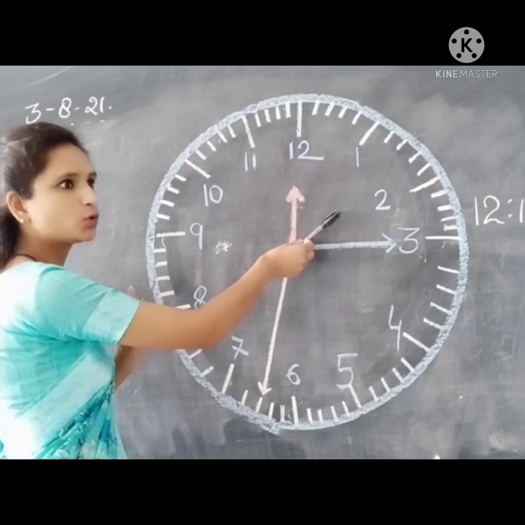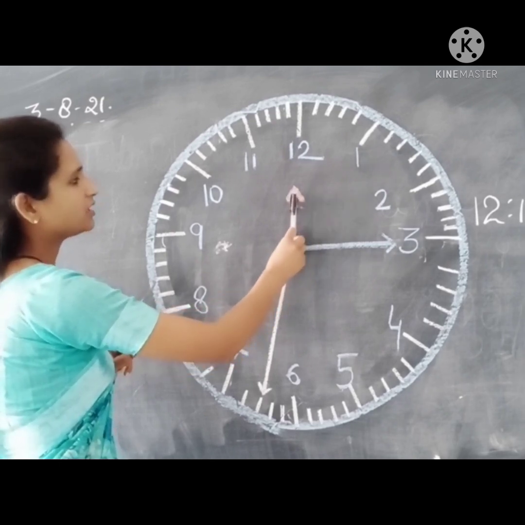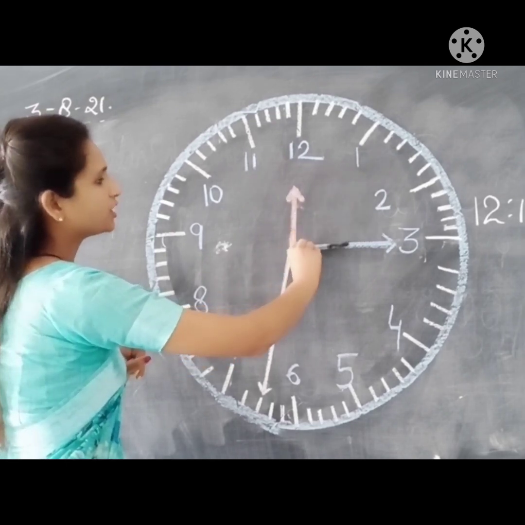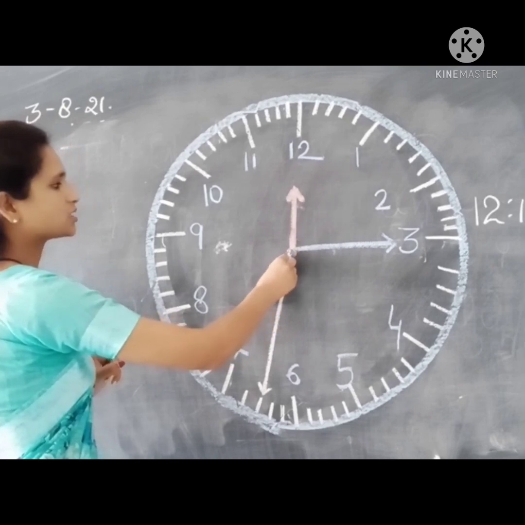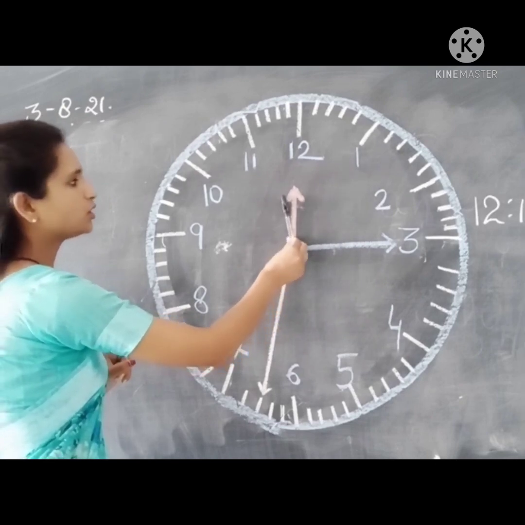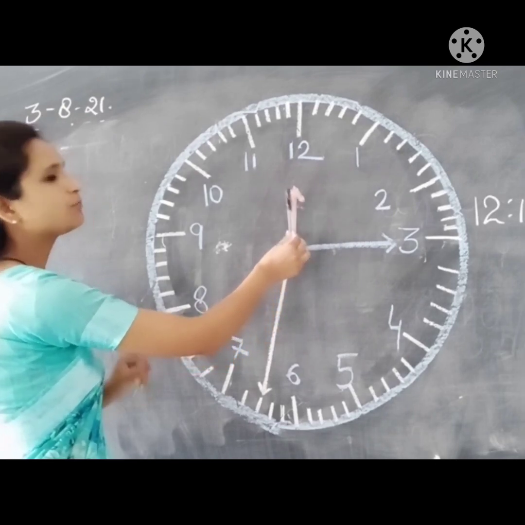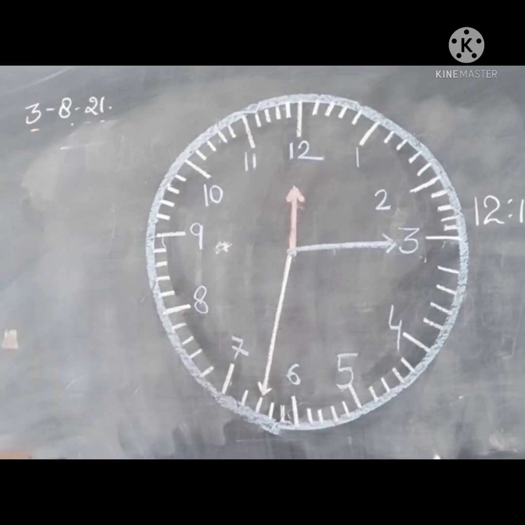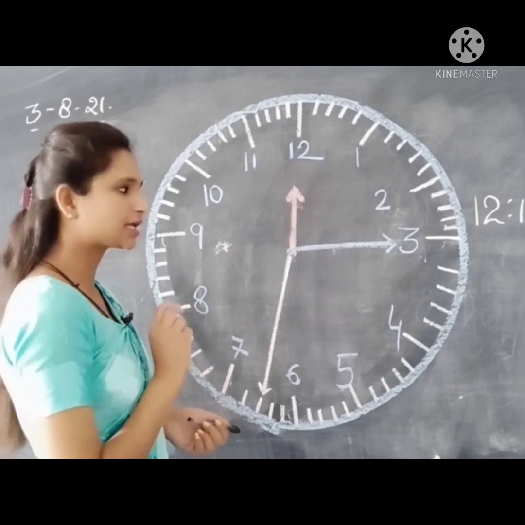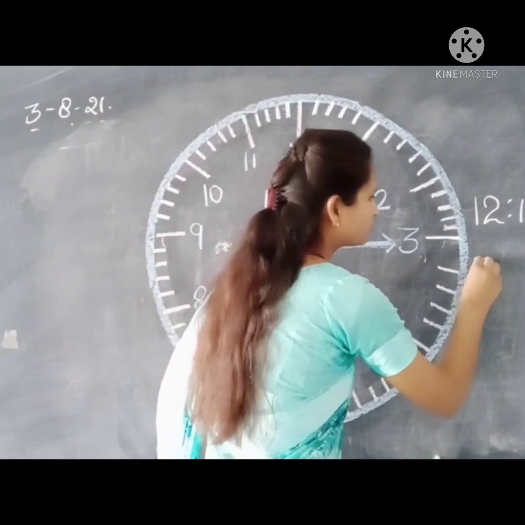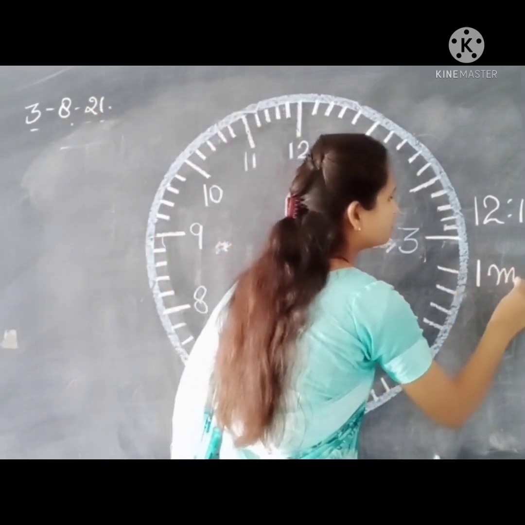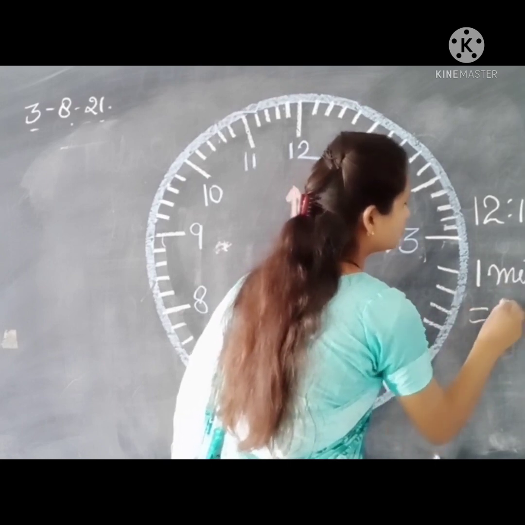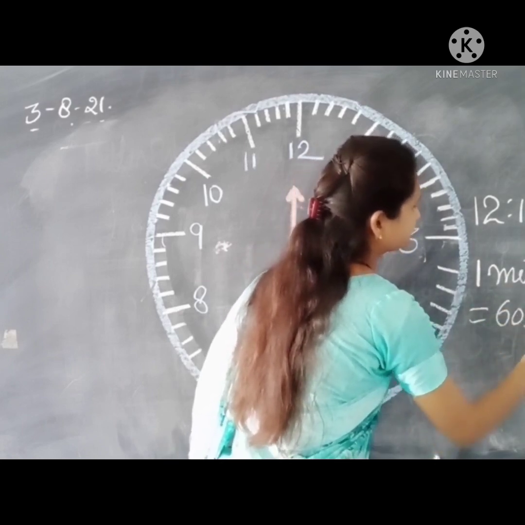Fourth jerk, 4 seconds. In this way, when the seconds hand moves round the clock once, it will be 60 seconds. So when it moves round the clock once, it will be 1 minute, that is equal to 60 seconds.